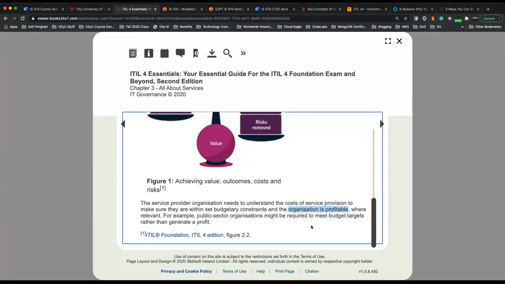Because if they don't make a profit, it won't help them, unless it's a non-profit organization where they don't need to profit, but they still need to earn a bit so that they can reinvest in their business and make the services better. Okay. So this is an example for nonprofit or public sector. Instead of making profit, they are required to meet budget targets. Okay.